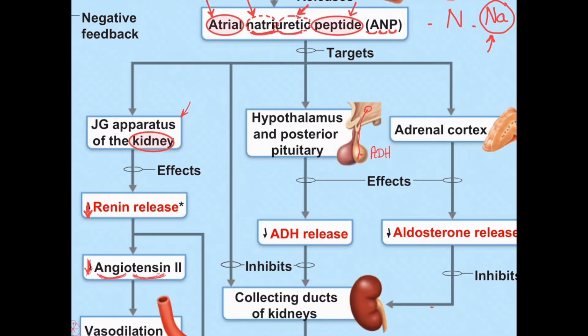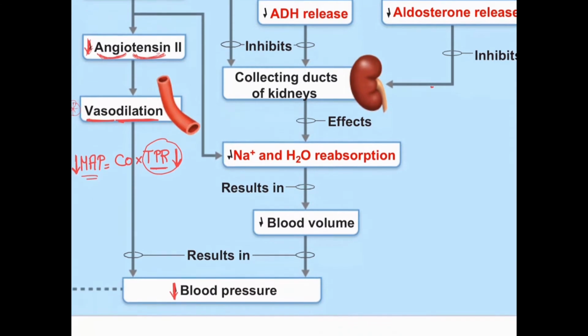I am an anti-diuretic hormone. I am preventing diuresis. I am preventing water loss in the urine. And if I prevent water loss in the urine, what's going to happen? This water that was supposed to get released out in the urine will be retained in the blood, causing an increase in the blood volume. Once the blood volume is increased, this will increase the pressure.